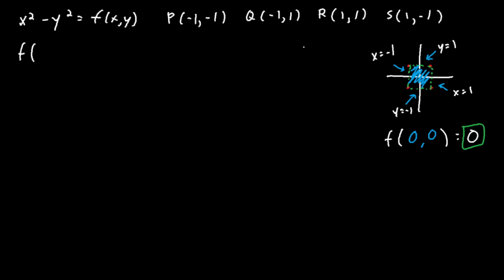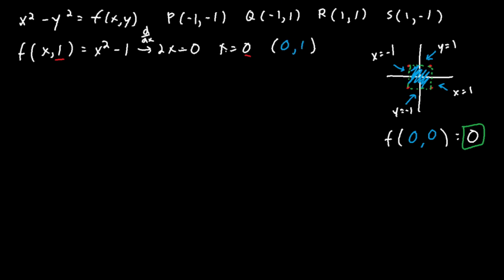So let's do y equals 1 first. Keep x the same. When y is equal to 1, you just get x squared minus 1. We want to derive this, set it equal to 0, and our x is simply equal to 0. So remember, we used 1 for our y value, so our first point is 0, 1.